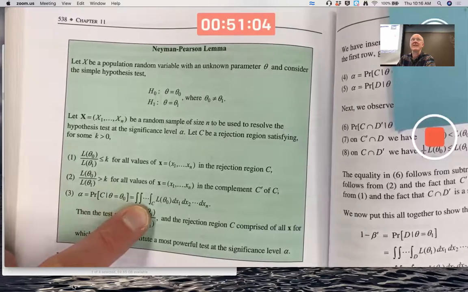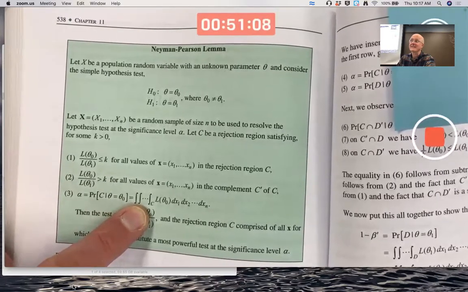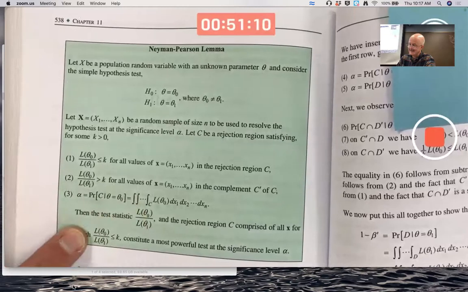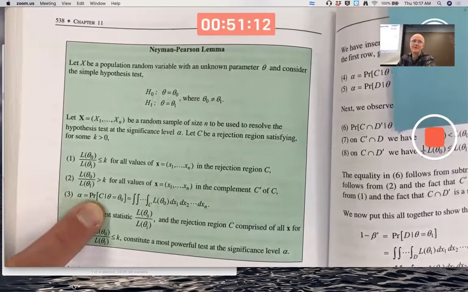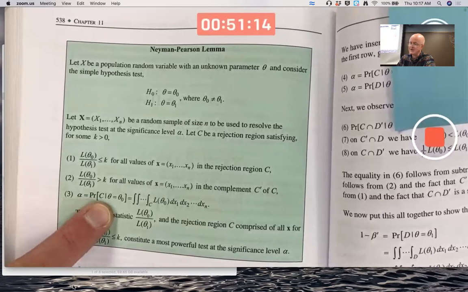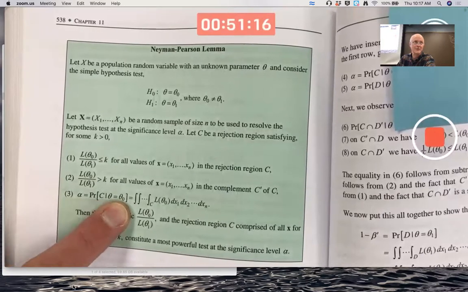There's n integral signs there. If n is 1,000,000, there's 1,000,000 integral signs there. That's just the probability of a type 1 error, being in the rejection region, rejecting the null when the null is true.